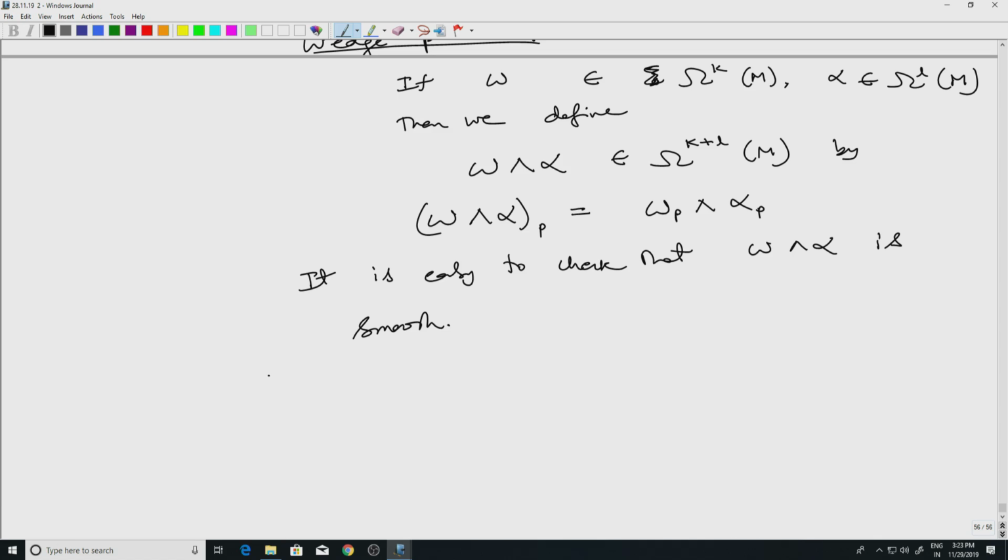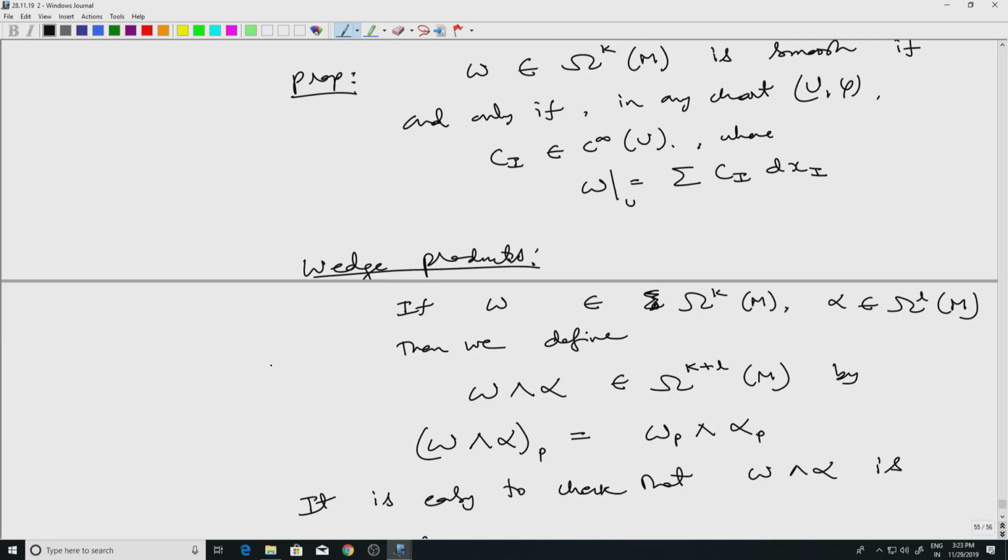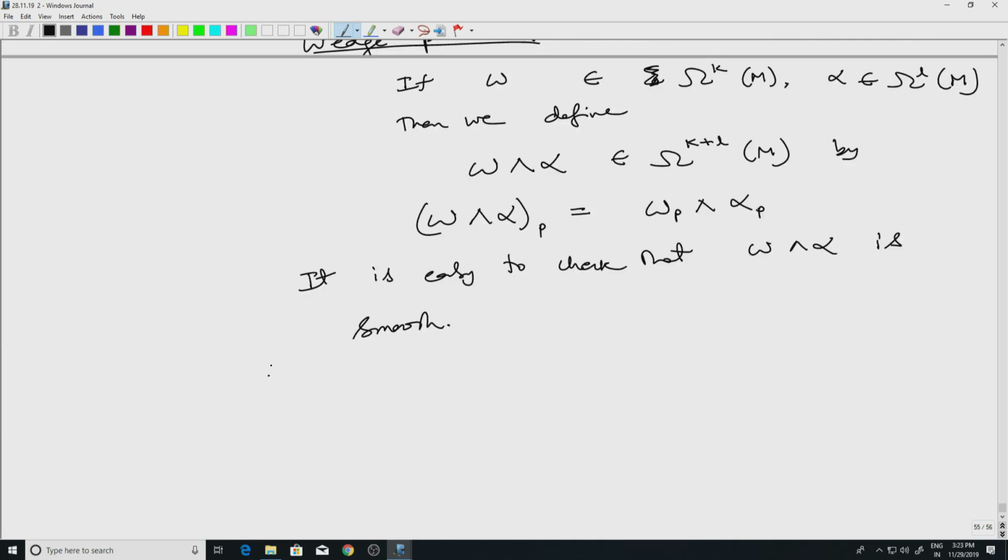Now the other thing is that we have the pullback operation. Let F be a smooth map between manifolds.